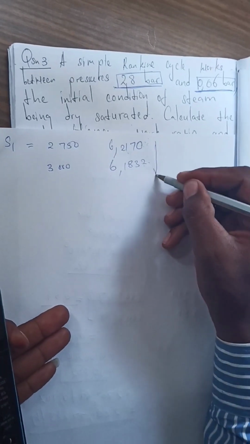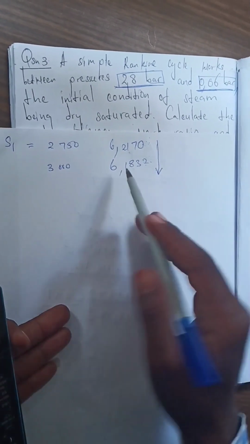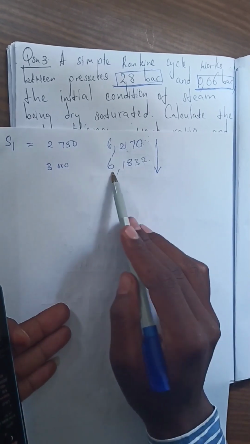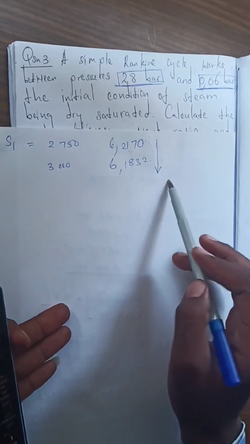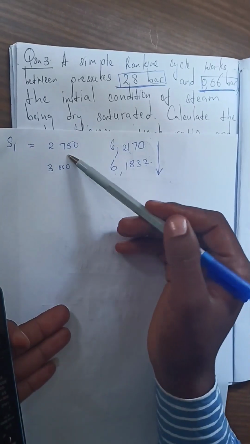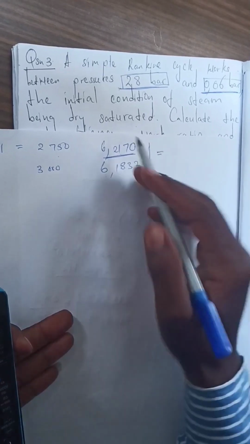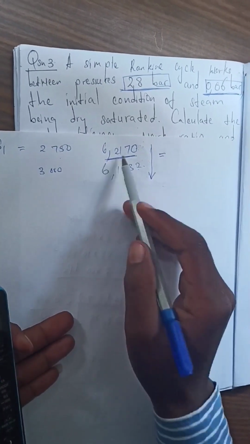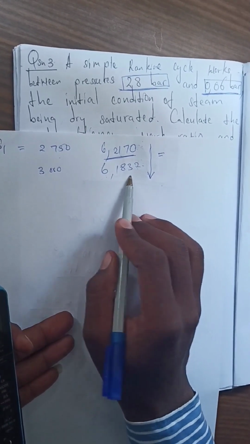So here we are going to see that the pattern we are having is decreasing, because the number we are having here is 6.2170, and then the value we are having here is 6.132. So the answer we are going to get here for the 50 gradual, we are going to subtract from this number. So we are going to say the given number, 6.2170, subtracted by 6.132.